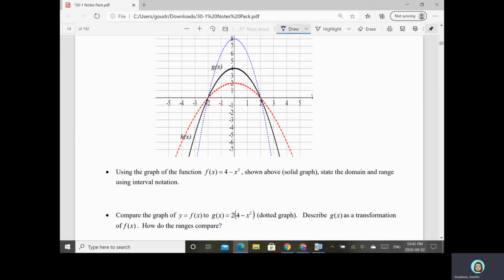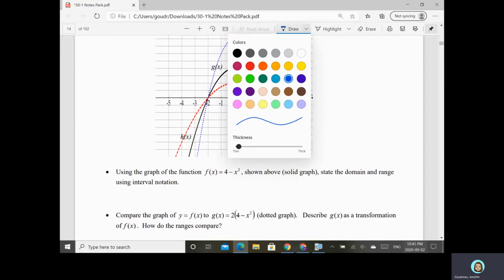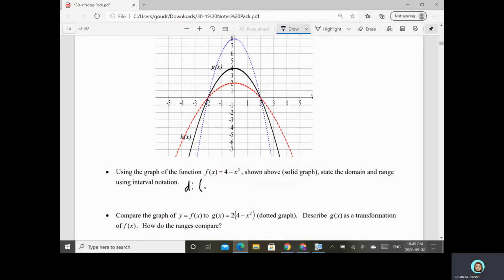So in interval notation, we are going to write that domain as open bracket, negative infinity, comma, positive infinity, open bracket. The range, on the other hand, is limited.